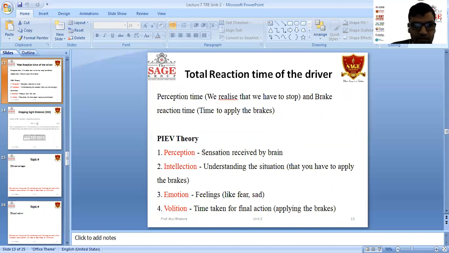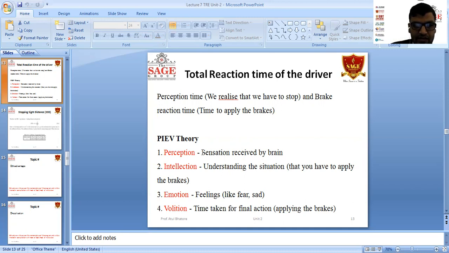The first one is perception. Whenever the driver either hears or sees anything on the road or beside the road, his sense organs continuously give the message to his brain. So this particular phase is called perception.